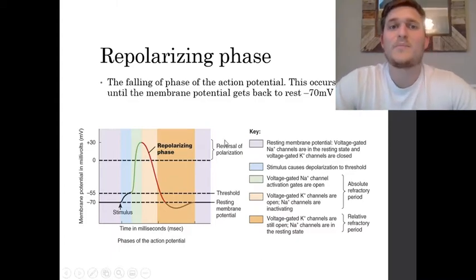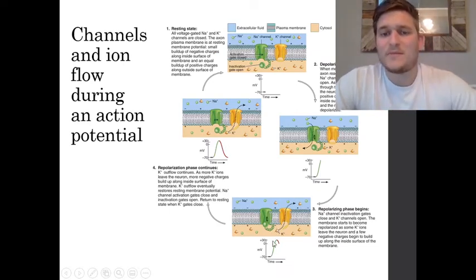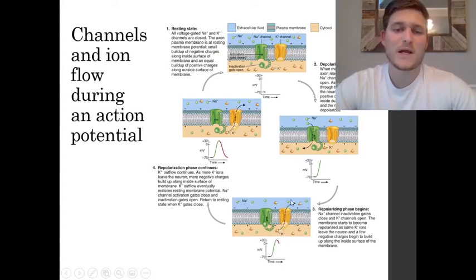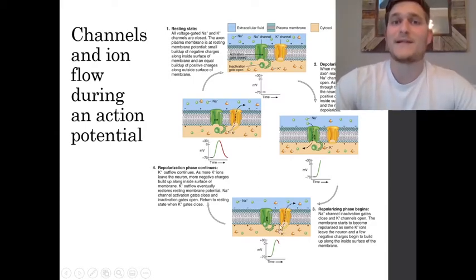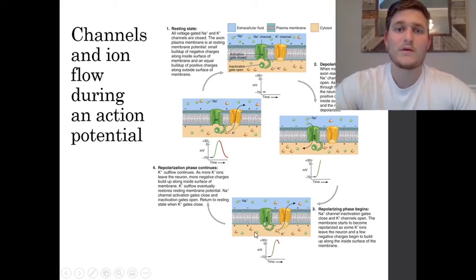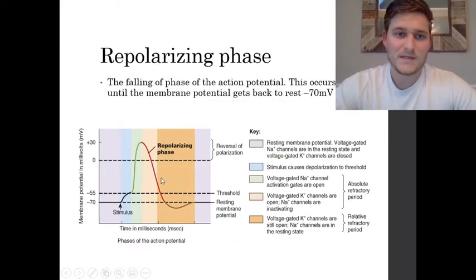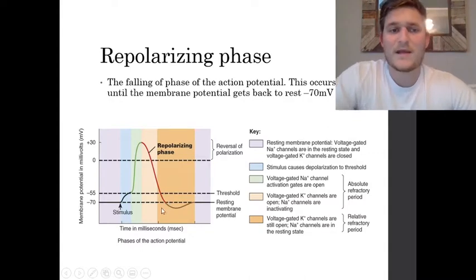And so when potassium channels open, what we see is that the potassium is going to go from a high concentration in the intracellular space to a lower concentration in the extracellular space. So these ions are also positively charged. So when positively charged ions leave the cell, the membrane potential is going to become more negative. So that's what we see. The charge will go from that positive 30 all the way back down to that negative 70 level.